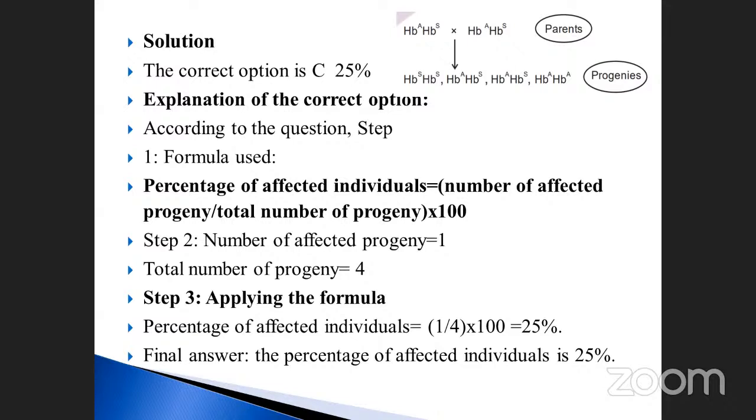From this, the HbS HbS is the affected one. These are all carriers, heterozygous, and this is a recessive character. This is the affected one. So of the 4 progeny you will get only one affected. Applying the formula, 1 divided by 4 into 100, you will get 25%.